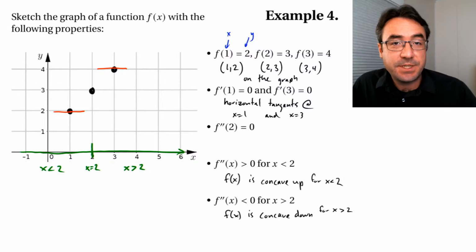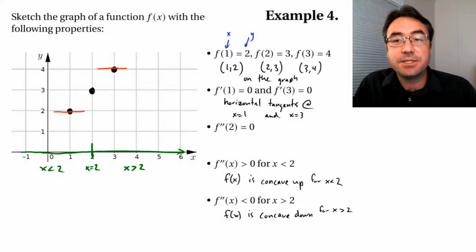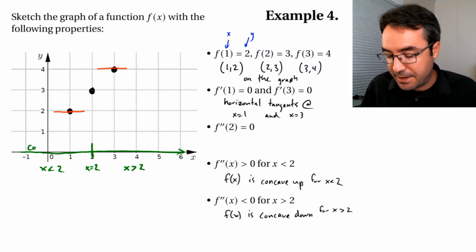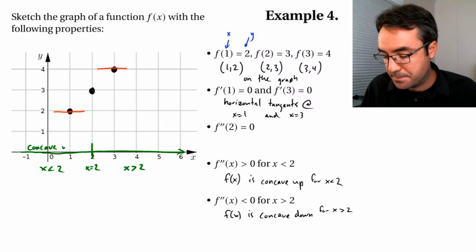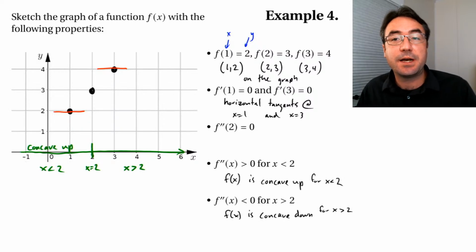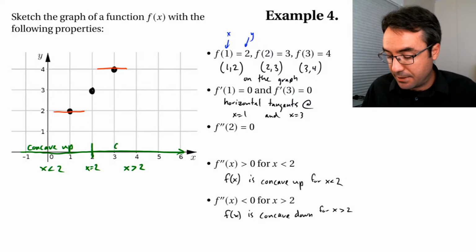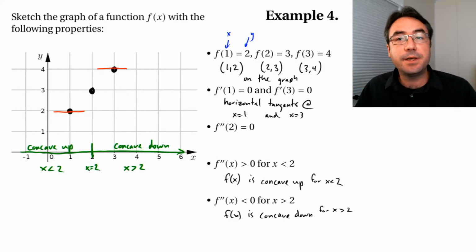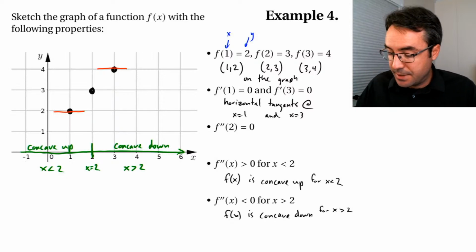What we've just seen is that when x is less than 2, on the left side there, our graph is going to be concave up. And when x is greater than 2, we saw that our graph is going to be concave down. So let's draw in what happens when we have a concave up shape on the left.